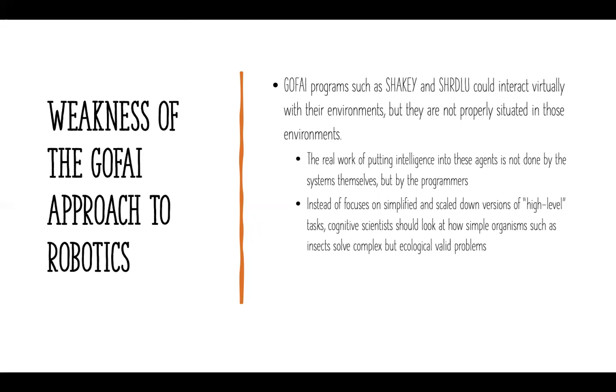The real work of putting intelligence into these agents is not done by the systems themselves, but by the programmers. These theorists also think that instead of focusing on simplified and scaled down versions of high-level tasks, cognitive scientists should look at how simple organisms, such as insects, solve complex but ecologically valid problems.